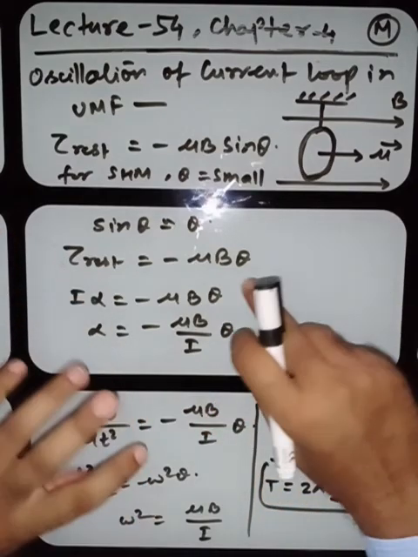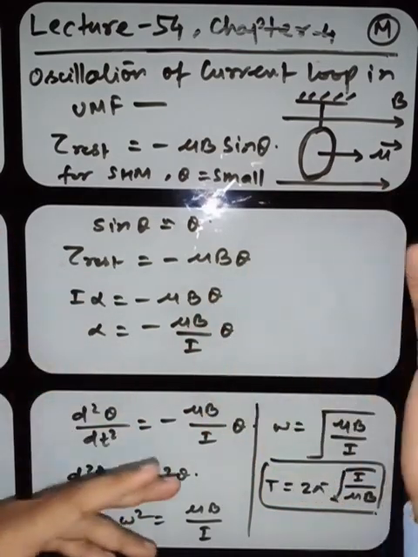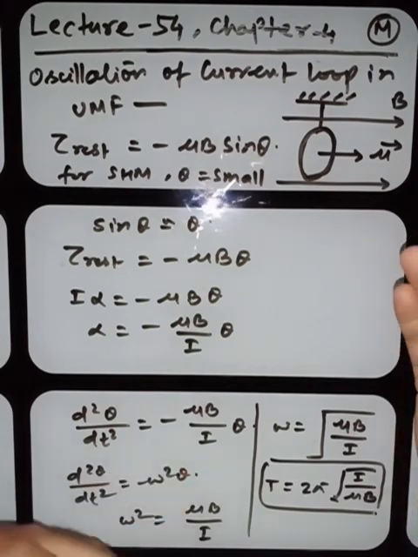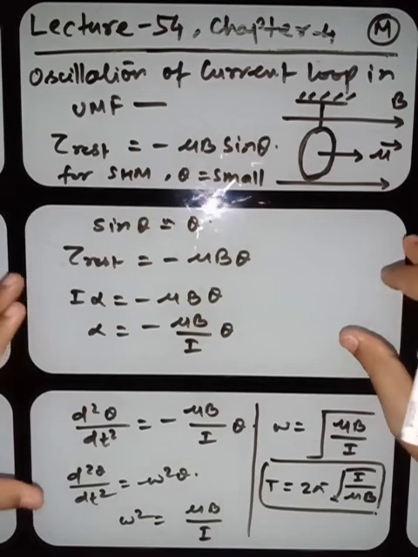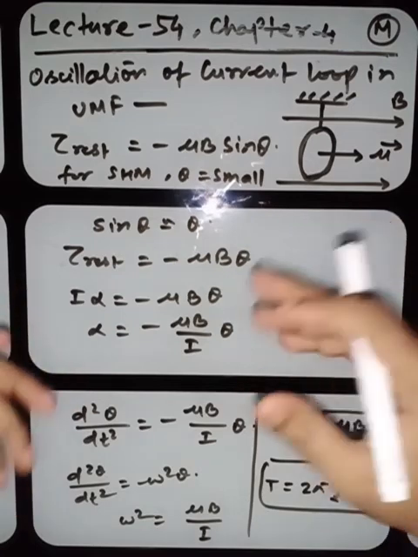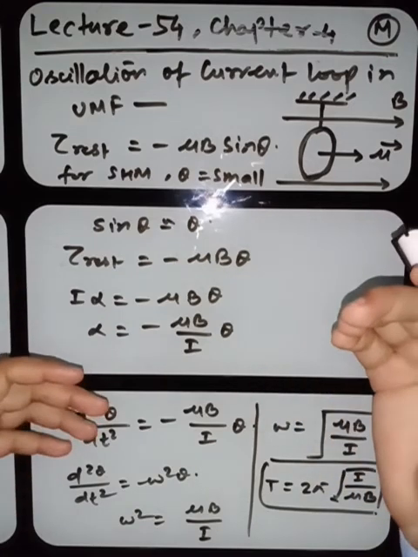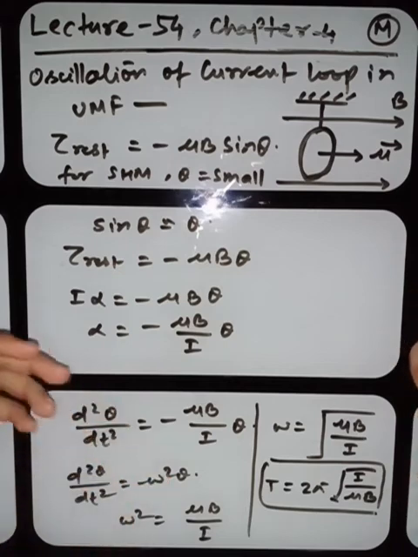Okay, my dear students, in the next lecture we'll start an important topic that is part of your examination, and the question will be asked for 3 or 5 marks, and that is the magnetic field due to a solenoid.